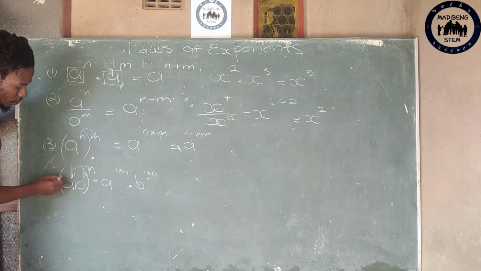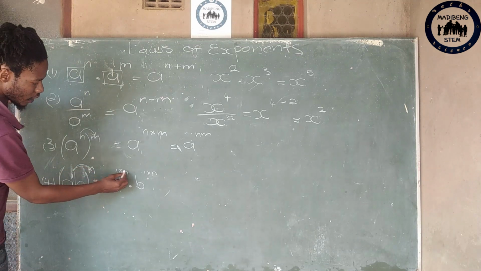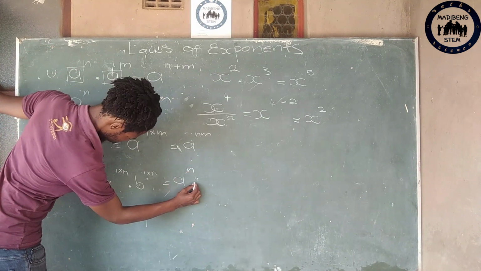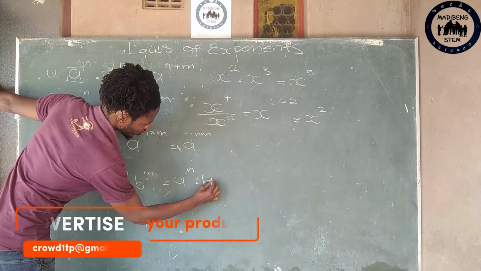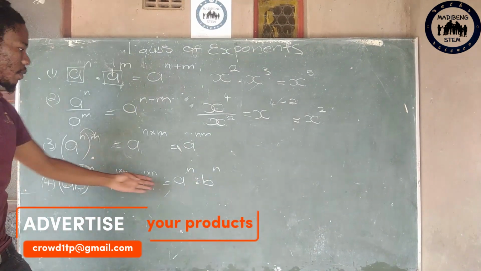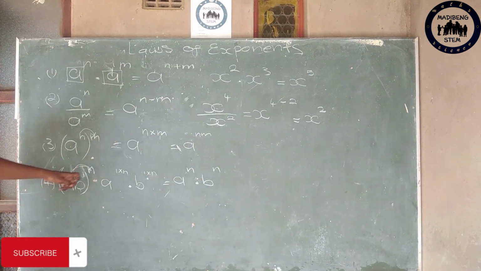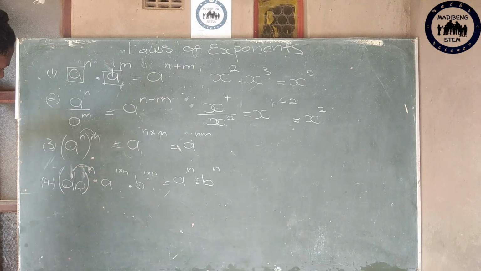So to remove this bracket, we multiply this 1 by this n. So 1 times n is n, and then 1 times n for b is also n. So we will end up having a to the power n times b to the power n. We distributed this exponent on both our bases, guys.